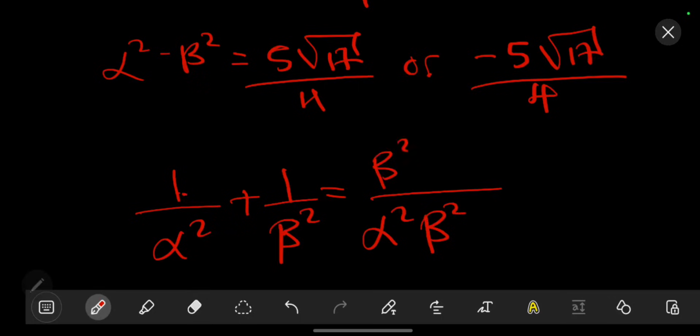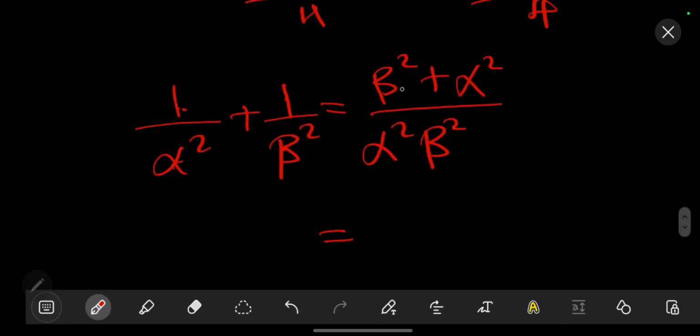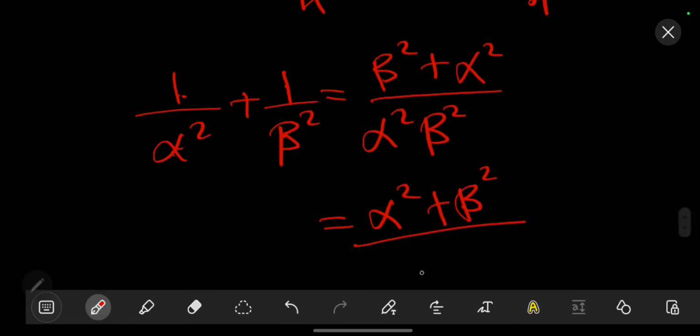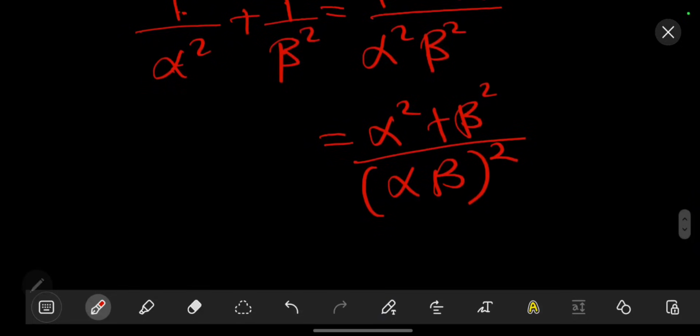Then we are going to have beta squared plus our this by this, it will give us alpha squared. So just rearranging them, we are going to have alpha squared plus our beta squared over, this can be written as our alpha beta to the power 2 is common, so we are going to have something like this.